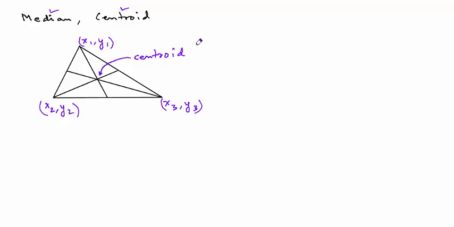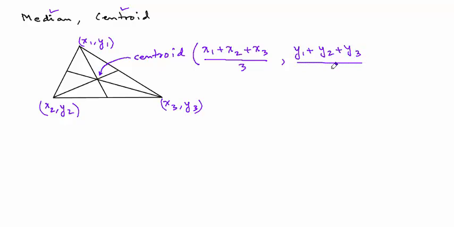Then the coordinates of the centroid is given as x1 plus x2 plus x3 divided by 3. That's the x coordinate of the centroid, comma, the y coordinate of the centroid similarly is y1 plus y2 plus y3 divided by 3.